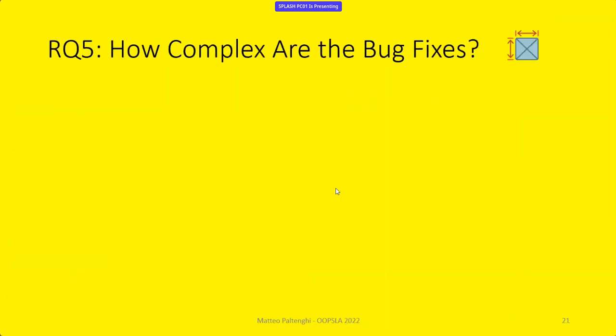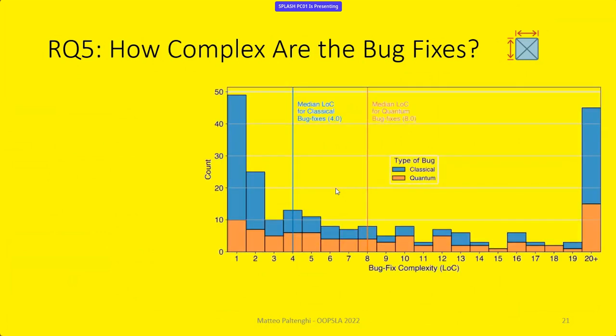So now the last research question. Since we looked at the bug fix commit, we also have information about the fix of this bug. And doing so, we analyzed how complex it is to fix them in terms of how many lines of code we need to change to fix these bugs. Here on the horizontal line, you see the number of lines of code required to fix it. So there is a large majority of bugs which could be fixed with 1 or 2 lines of code.